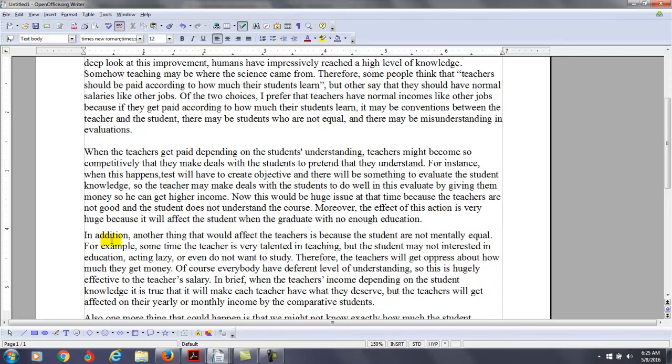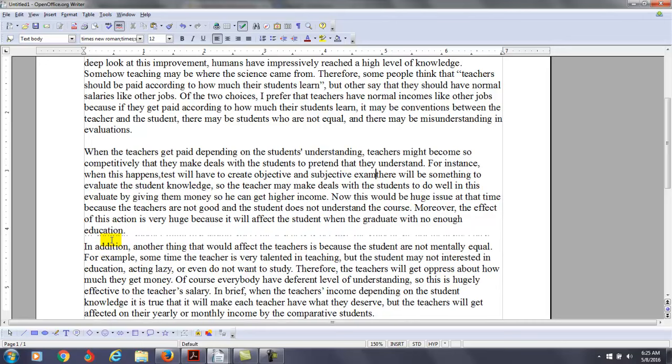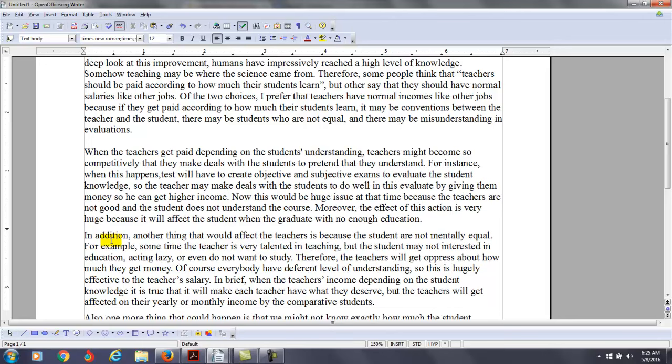Objective and subjective exams. Instead of saying something, you want to be more specific here. So your vocabulary, like I said, it's a language use issue with you. You understand more or less how to organize the writing, but you just don't have the vocabulary to really do it.